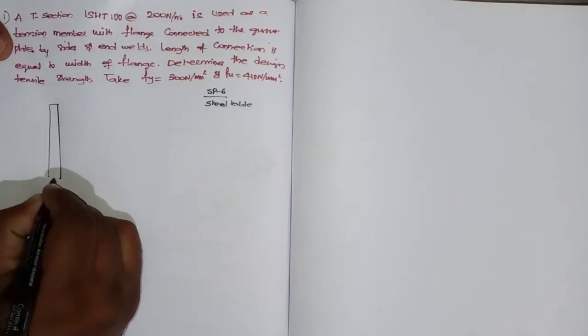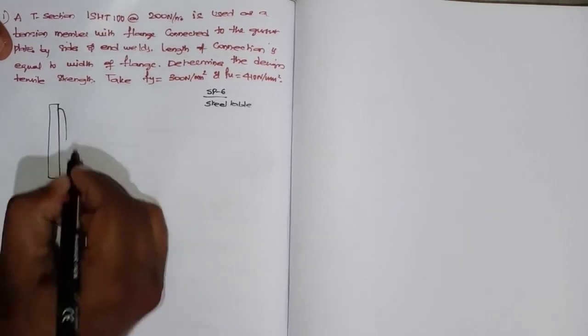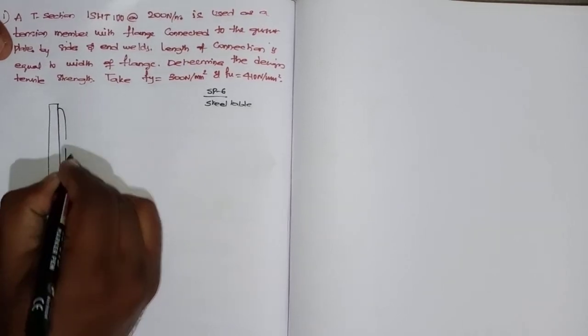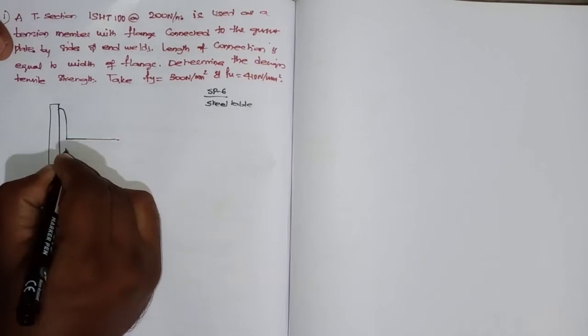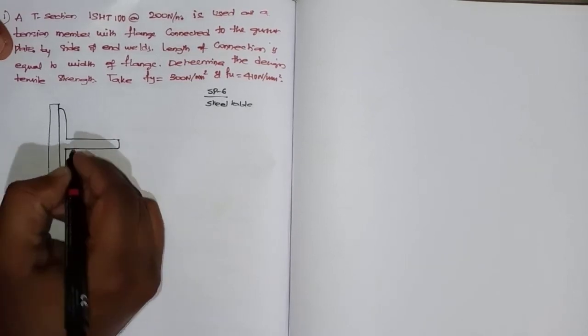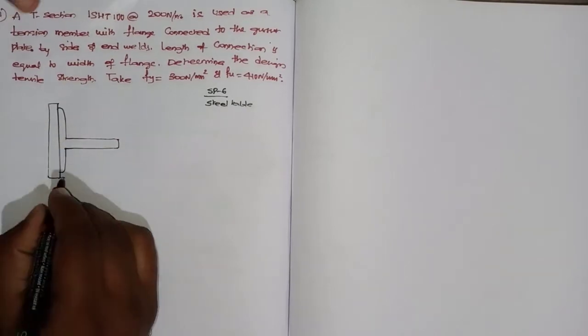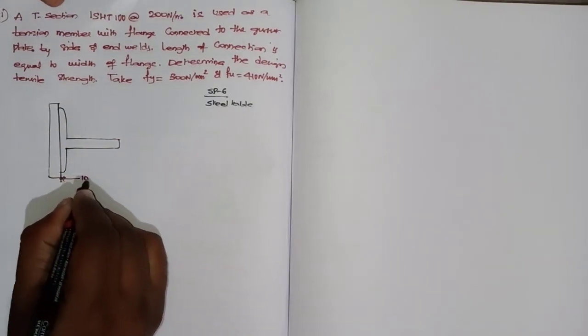Suppose this is your gusset plate. This is the T section. Now this 100 indicates the overall depth. This is 100.